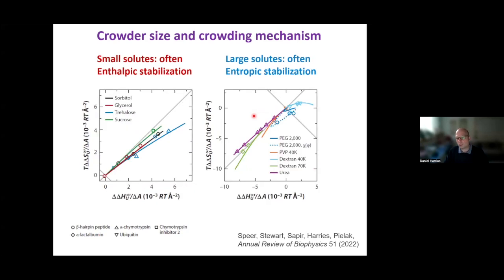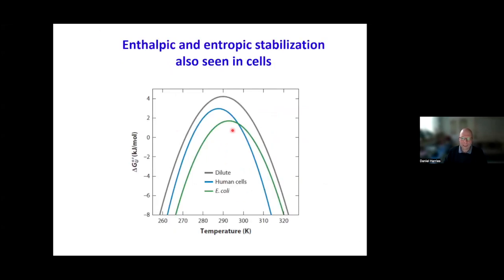We can also use these enthalpy versus entropy types of plots that allow us to make the very fast distinction between these two cases where enthalpy is driving the stabilization and when entropy is doing it. As Gary mentioned, these kinds of trends are also seen in cells, either mammalian or bacterial.